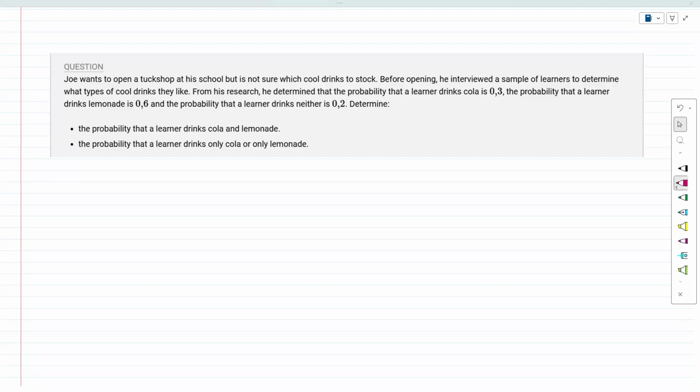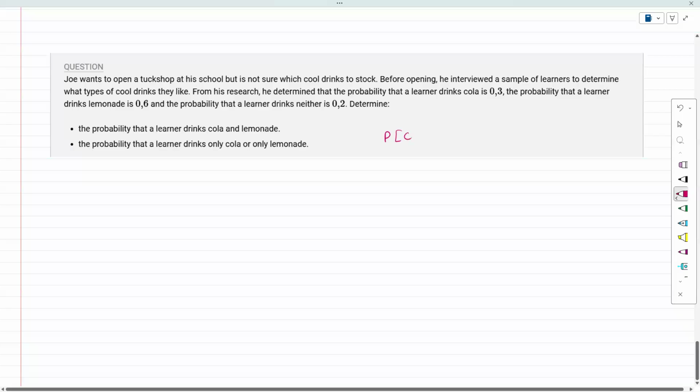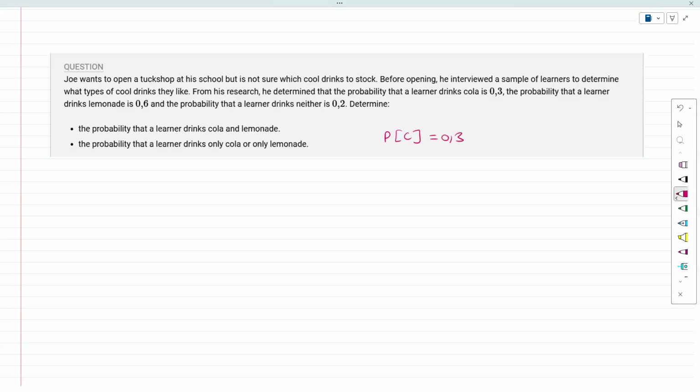Let's write properly, because it's going to take some time. Probability of cola is equal to 0.3. The probability that a learner drinks lemonade is 0.6. The probability that a learner drinks neither, so none, is 0.2.